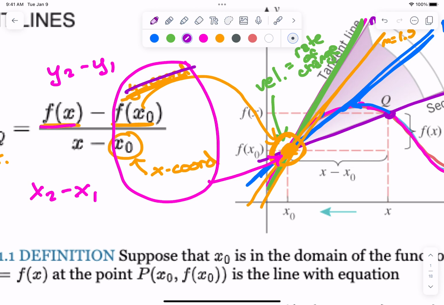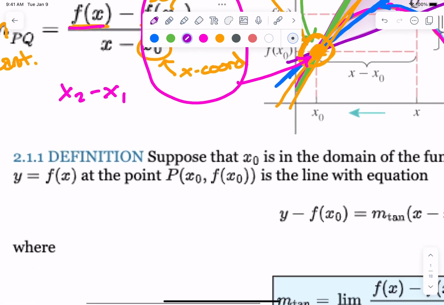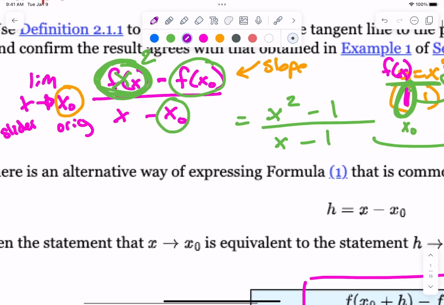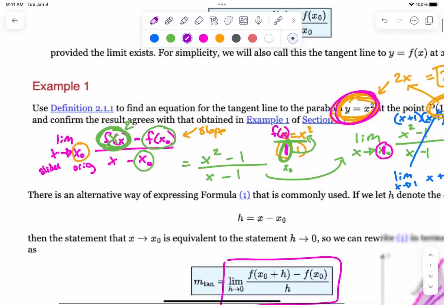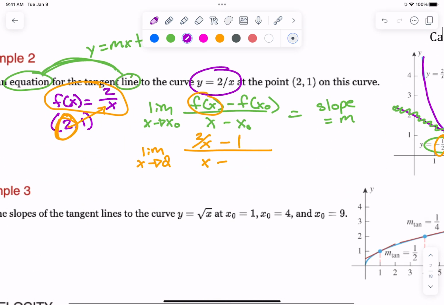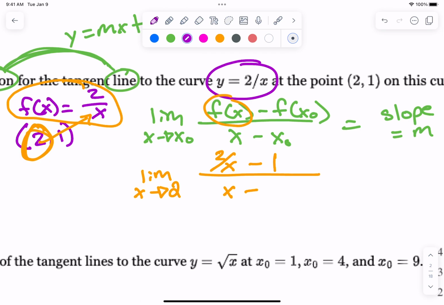Maybe I should say output instead of y coordinate: the output value when we plug it into our function. Does that make sense? I guess it still is the y coordinate.